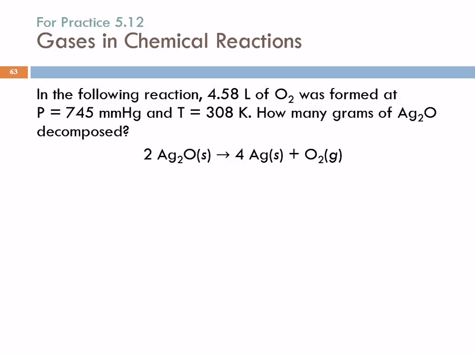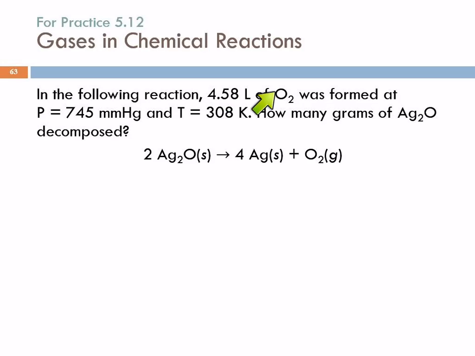So let's do an example. In the following reaction, 4.58 liters of oxygen was formed at a pressure of 745 millimeters mercury and a temperature of 308 Kelvin. How many grams of silver 1 oxide decomposed? So the reaction that is given to us, I'm going to use the equation to organize the numbers. This is a stoichiometry problem involving gases.